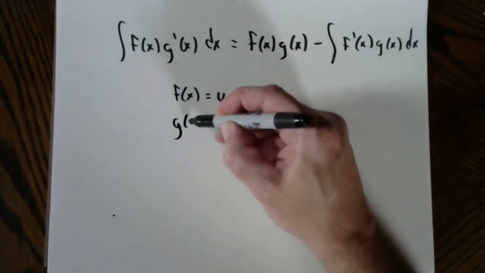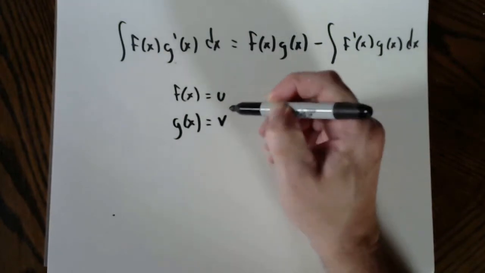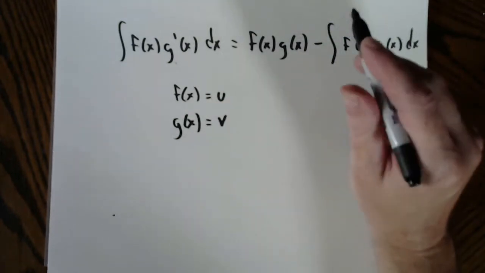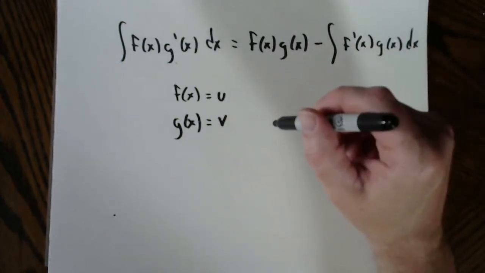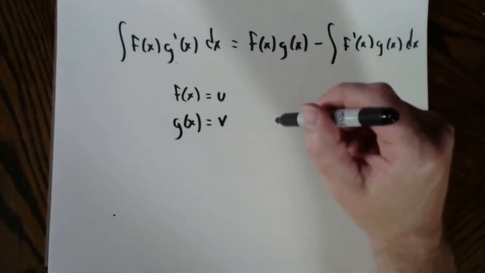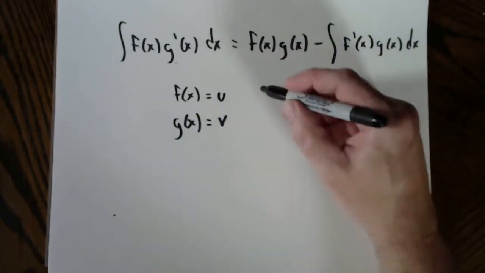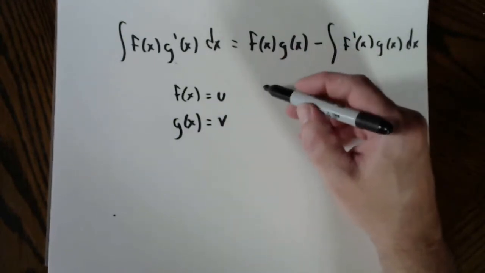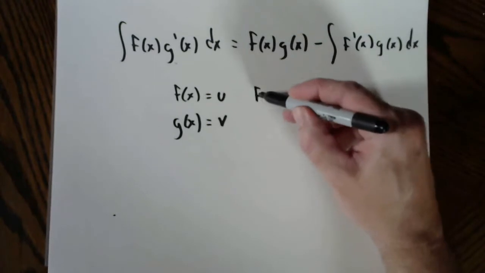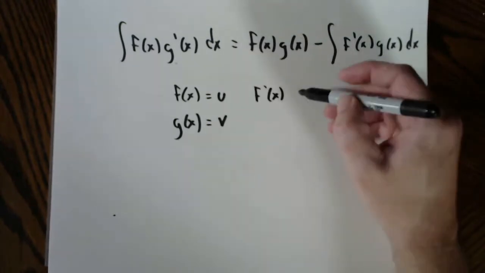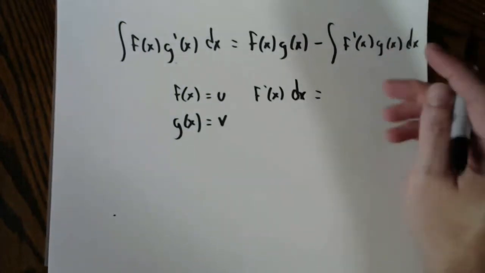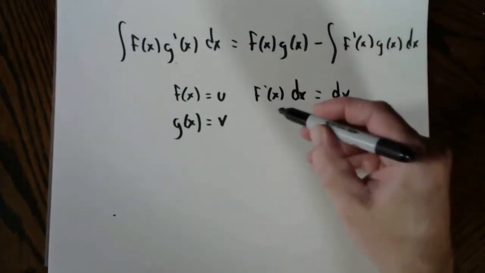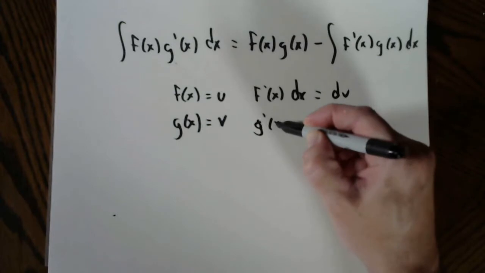And I'm going to rename g of x as v. Okay? Well, what does that do? Think about your differentials. If I were to find the differentials of these, I would say that f prime, this is sort of written backwards, but equal signs are never backwards, right? There is no backwards.